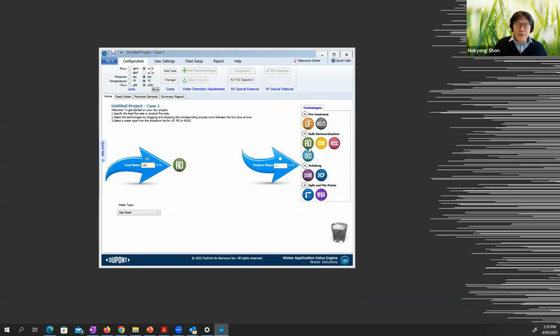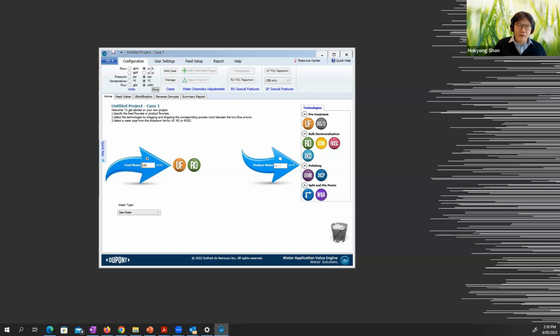In fact, in assignment 3, you may specifically target RO for your software application. But if you design your system with ultrafiltration, you can put the UF.